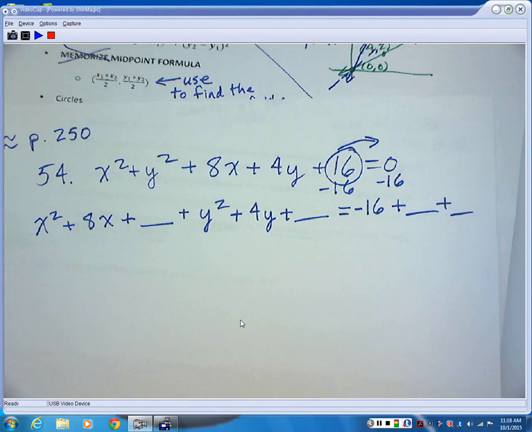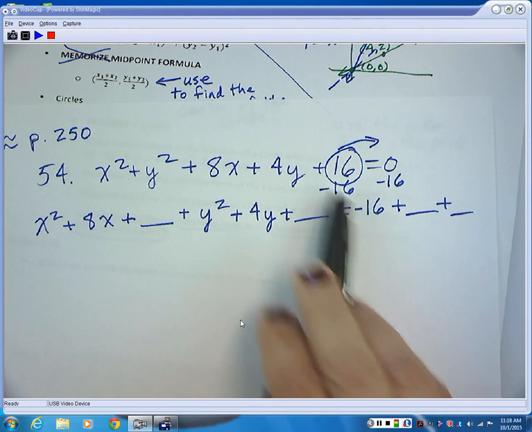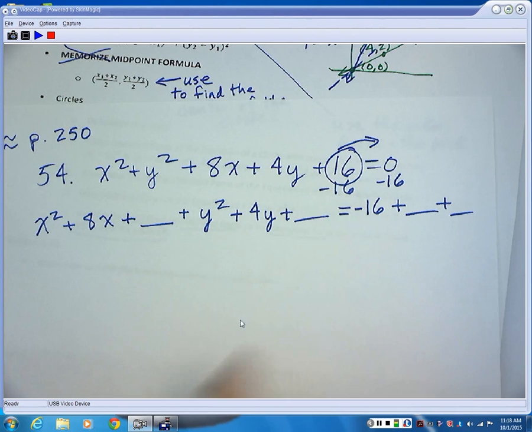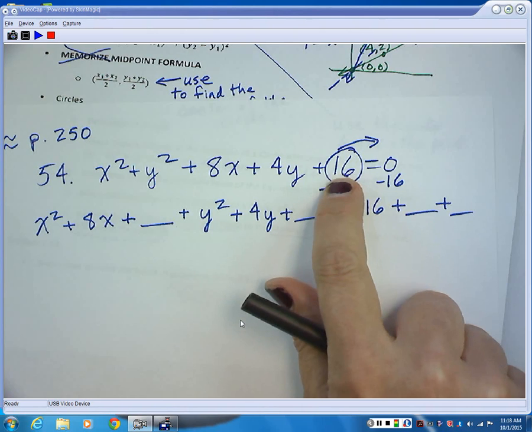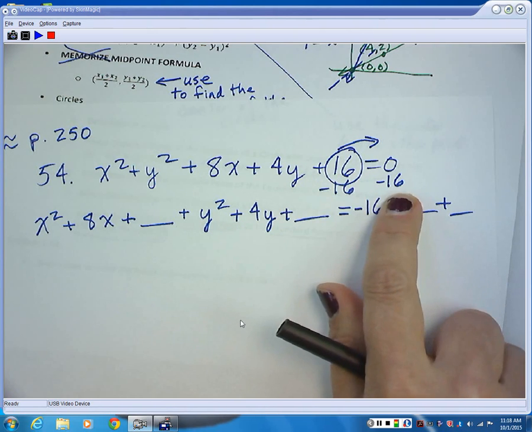I thought you just added it to the other side. What you did in the notes. Oh, well, if it said minus 16, then I'd add 16. In the notes, I thought you just added it. Which one are you talking about? This step right here? Yeah. Well, when you move a constant to the other side, it's got to be the opposite sign.